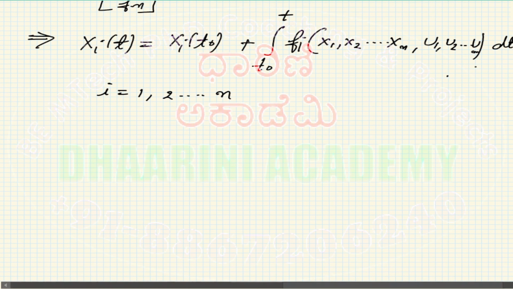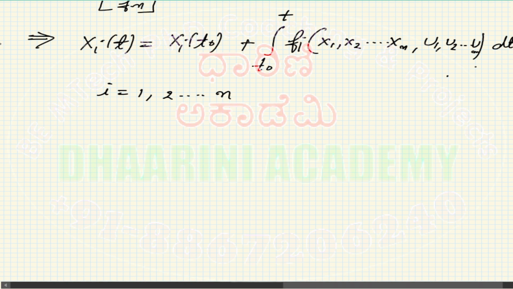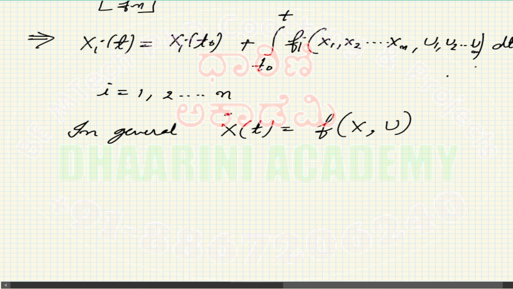There are n different states possible. Again, this is a general equation, so in general I can write x dot of t as a function of all the x and all the u. So this is one part.